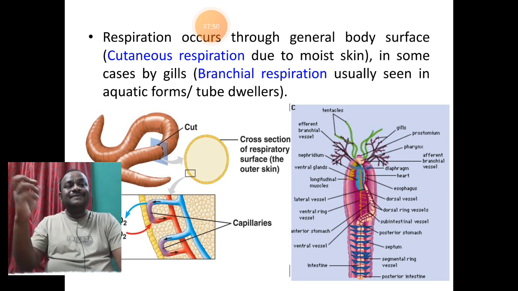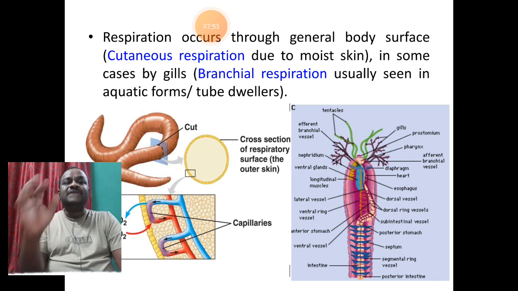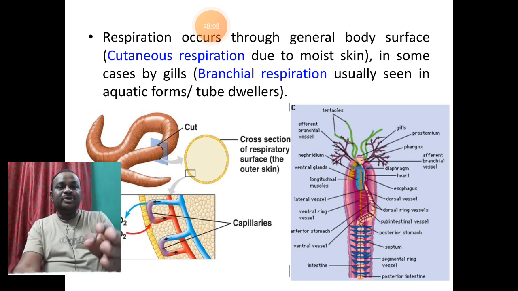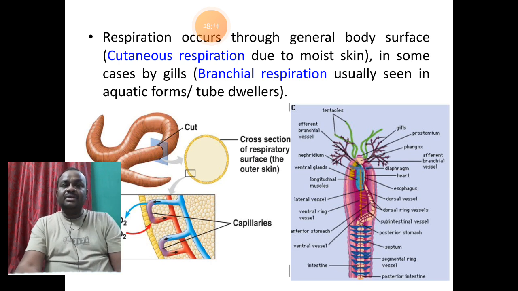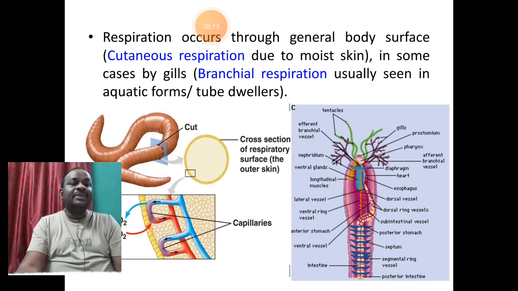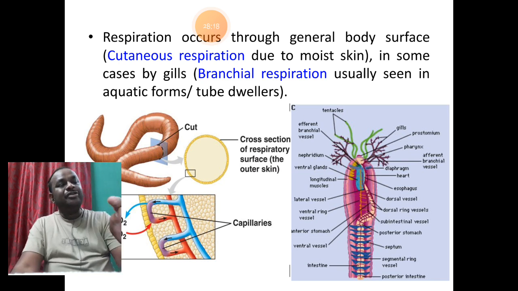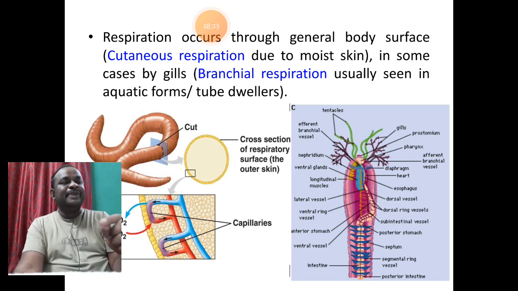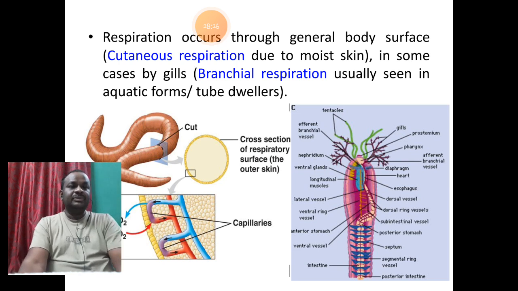The organisms that live in the water require gills as the respiratory organs. So all the aquatic forms of annelids show the presence of gills as the respiratory organs, as what you're seeing towards the right side of the diagram. There is an organism called Sabella, which shows the presence of extended gills. So this kind of respiration which occurs through the gills is called gill respiration or branchial respiration.